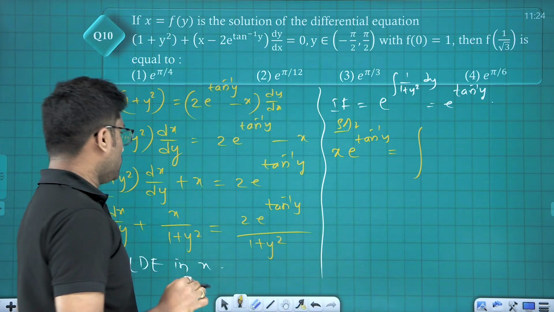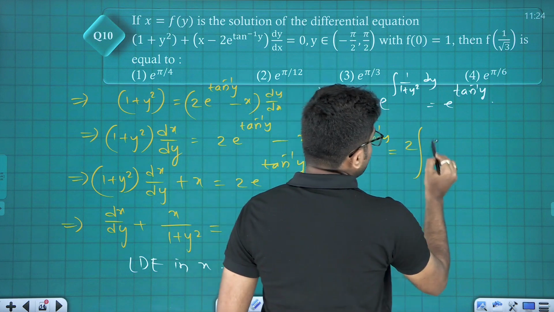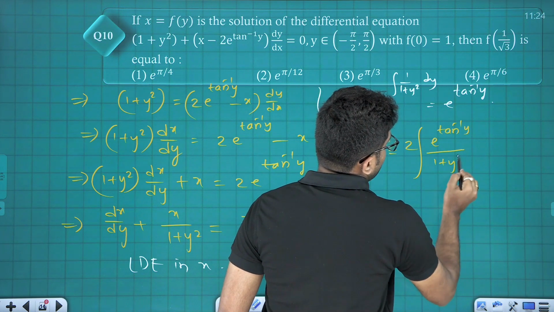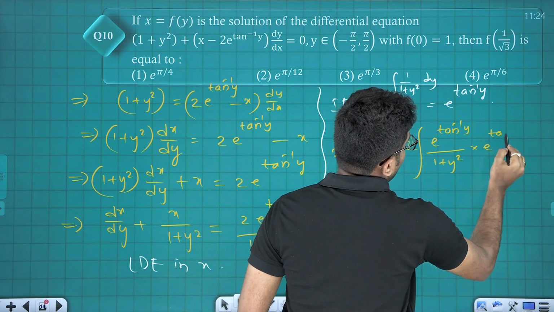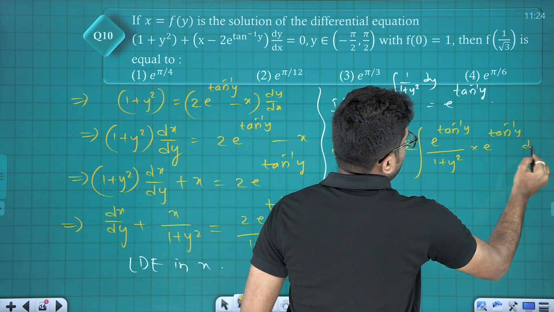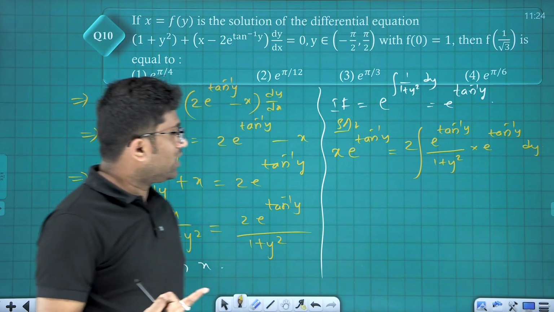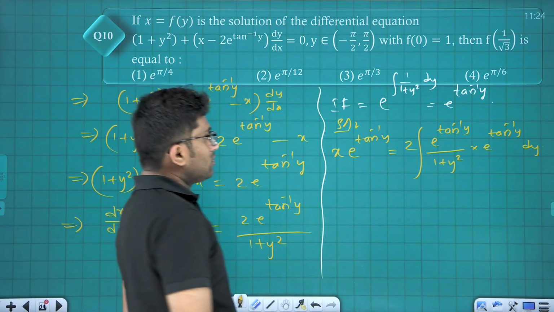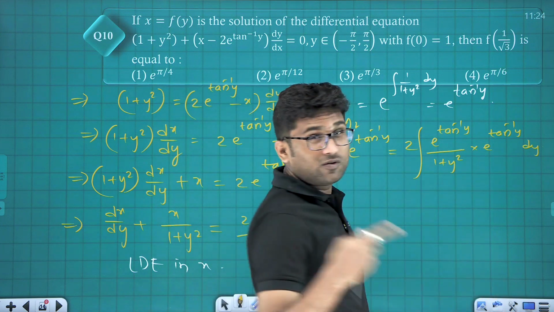Q is, what is Q? 2 times e power tan inverse y by (1 + y²) into e power tan inverse y dy. Friends, if you take tan inverse y as t, dy by (1 + y²) will be dt.